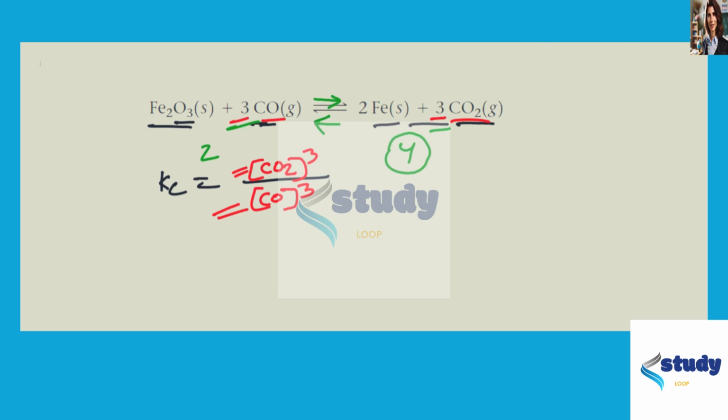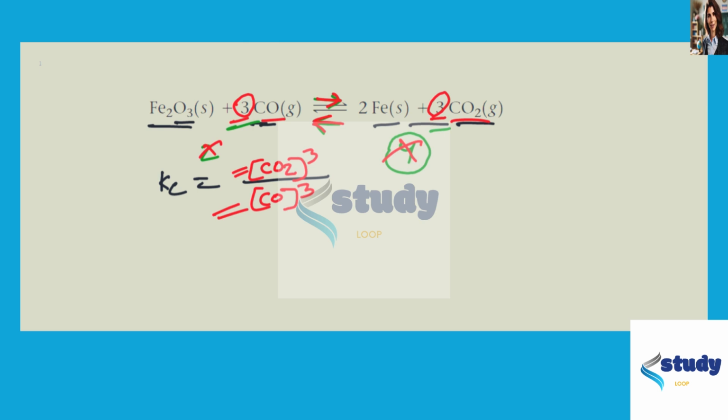But in this case we have three gaseous molecules on both sides, which means changing the volume will not change the rate of the forward or reverse reaction. Whatever the volume of the reaction vessel is, the reaction rate will be the same for both the forward and the reverse reaction.